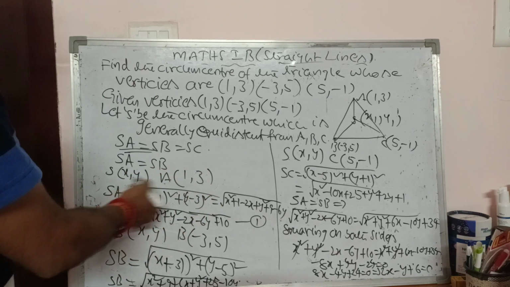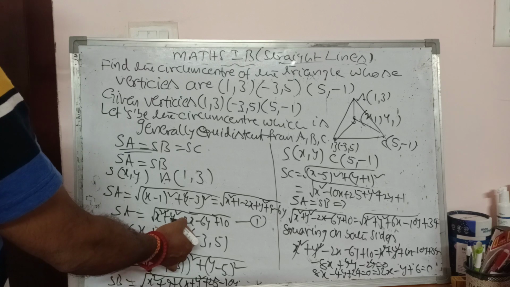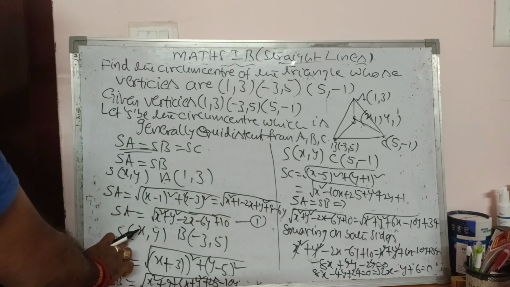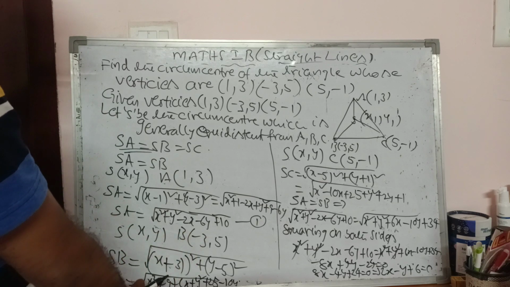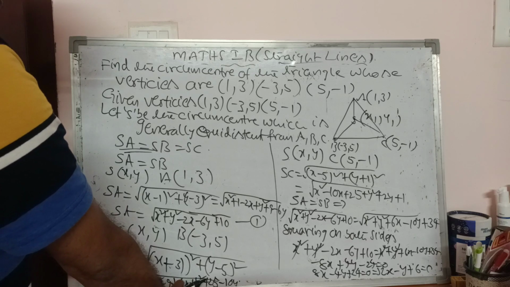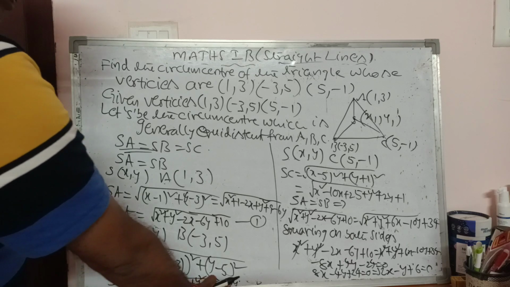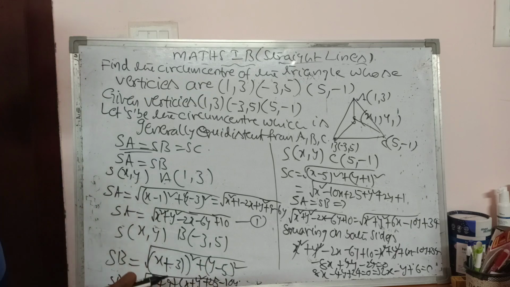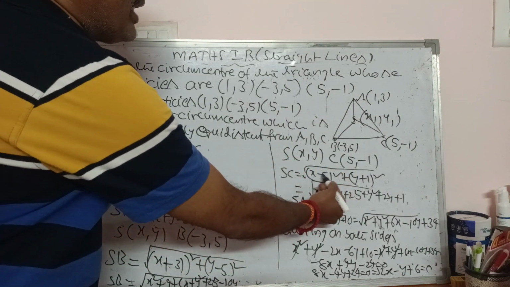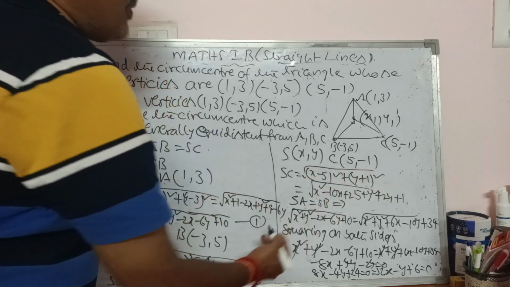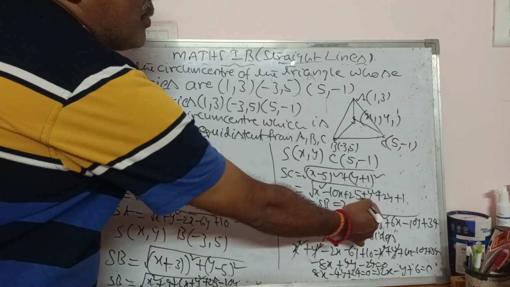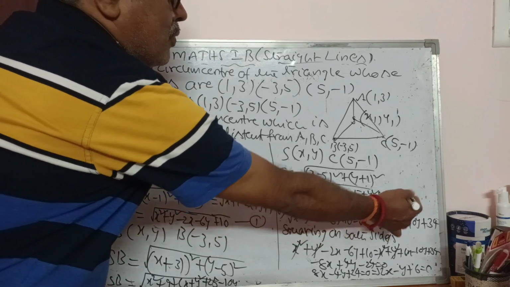So the distance between S and A is under root of x square plus y square minus 2x minus 6y plus 10. Similarly, distance SB is equal to under root of x square plus 6x plus y square minus 10y plus 34. Similarly, SC is equal to under root of (x minus 5) whole square plus (y plus 1) whole square, that is equal to under root of x square minus 10x plus 25 plus y square plus 2y plus 1.